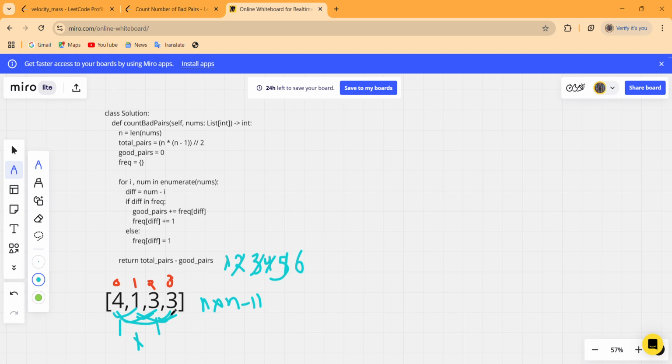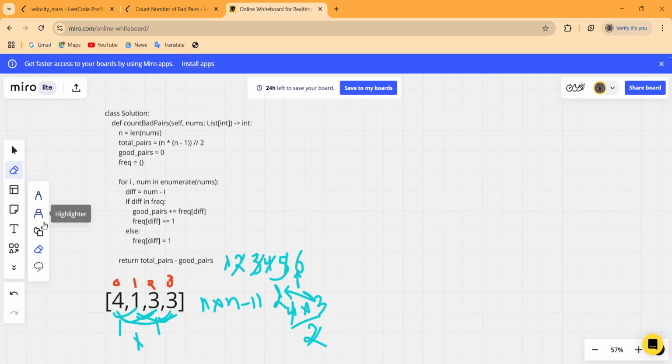The input size of this is 4, so the possible pairs would be 4 into 4 minus 1, that is 3, by 2. So this gives us 6 as the answer, 2 into 3, and we also checked through visualization that the total possible pairs are 6.